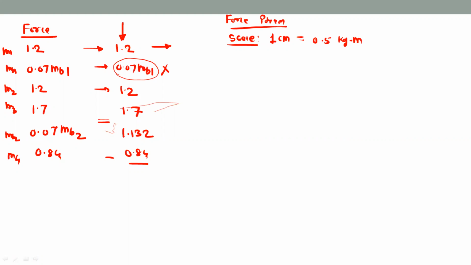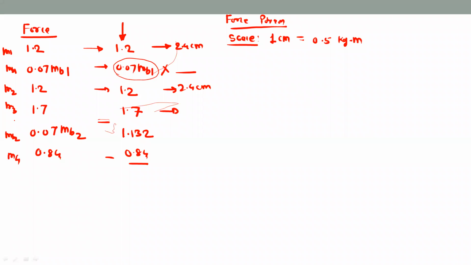Then convert these values. Your first value, just divide this by 0.5. So this is 2.4 centimeter. Keep this value, this is again 2.4 centimeter.